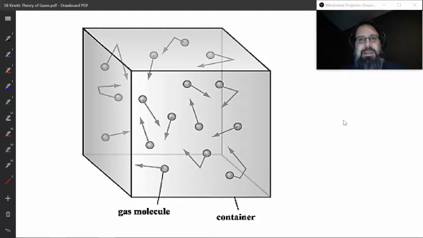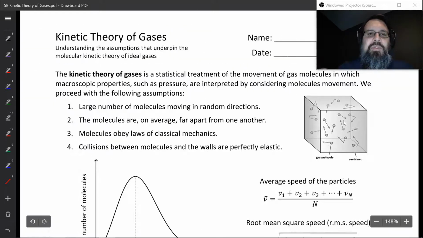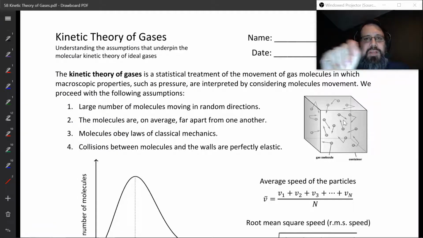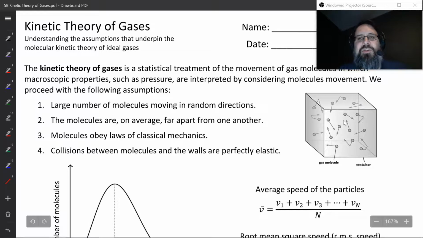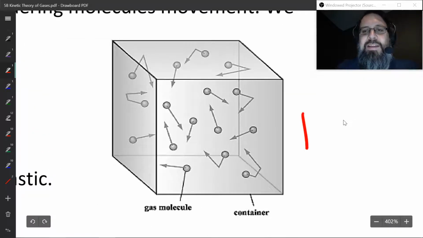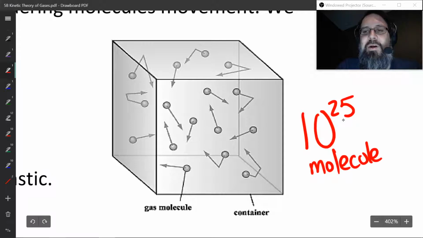It's called the kinetic theory. The kinetic theory is when we try to mathematically model the microscopic motions of particles. Now, this is extremely complicated. In a typical sample of gas in a container like this, there'd be about 10 to the 25th molecules. That's a lot of molecules, like 100 moles.